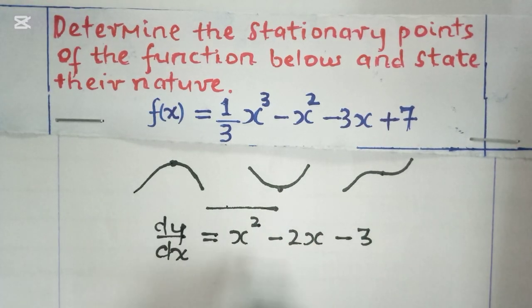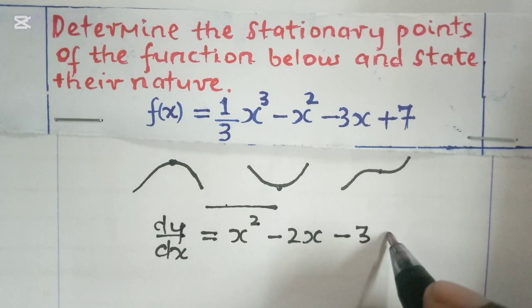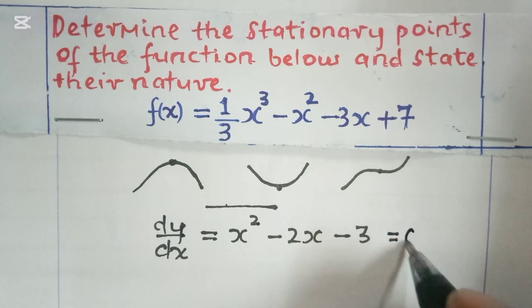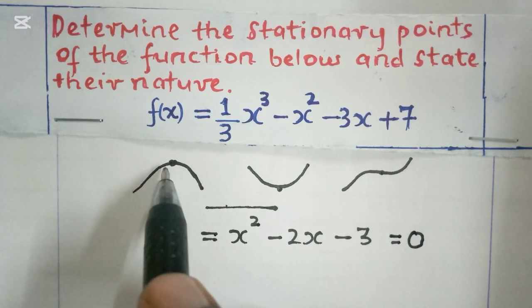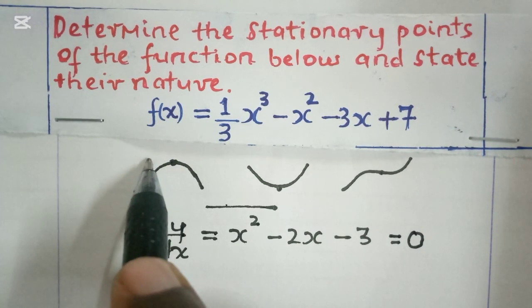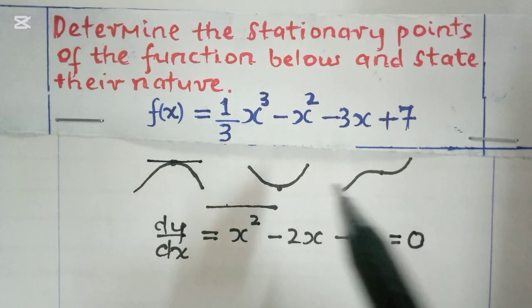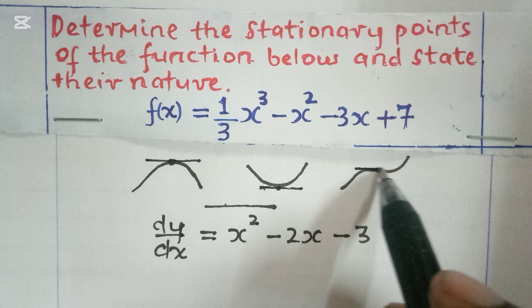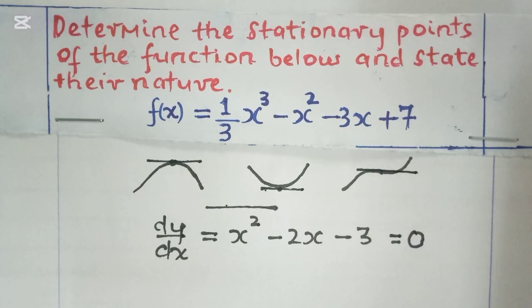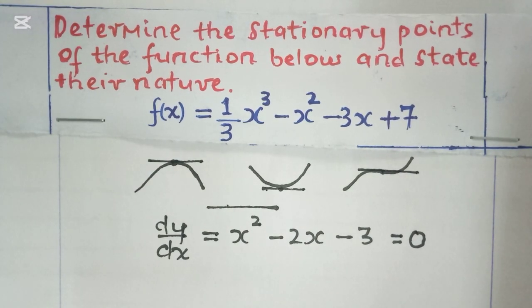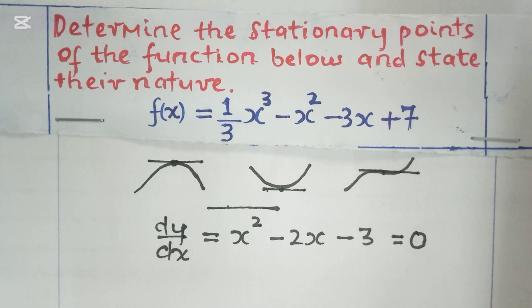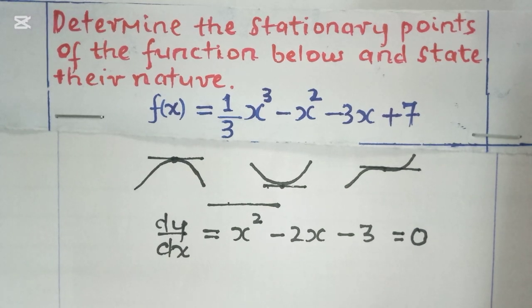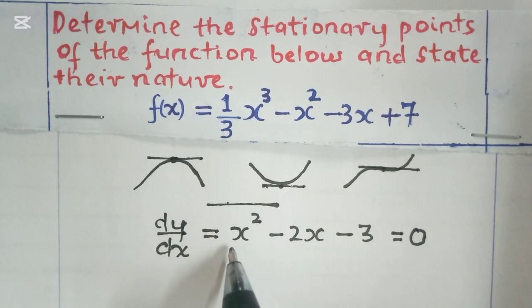This is supposed to be 0, because if you look at that point, the gradient is 0, since you form a horizontal line, and a horizontal line gives us a gradient which is 0. So to find that point, we have to solve this equation.